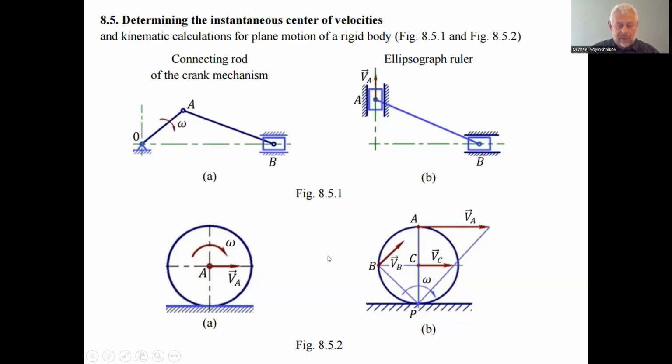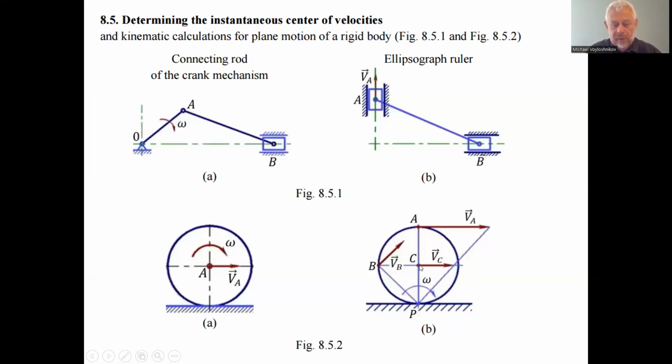The rolling wheel, here we have the instantaneous center of the velocity is the point of the support, figure 8.5.2a. This is P. P is the instantaneous center of the velocities of a rolling wheel, and this is the distribution of the velocities.